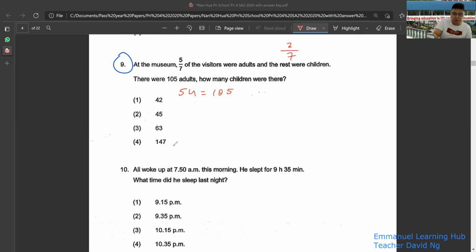Okay, 5 units is 105. Because 5/7. So 1 unit equal to, how to find 1 unit? Divide. You tell me what divide by what?